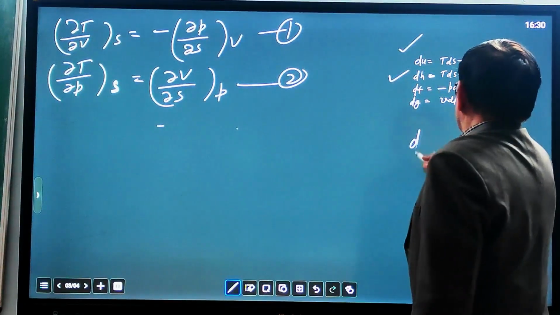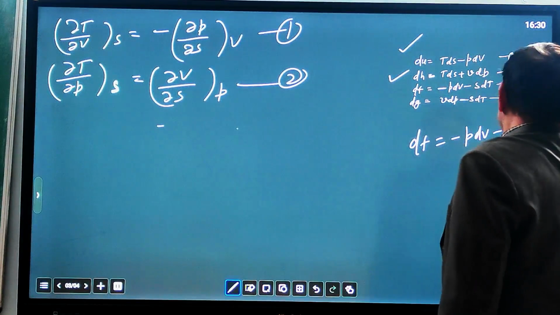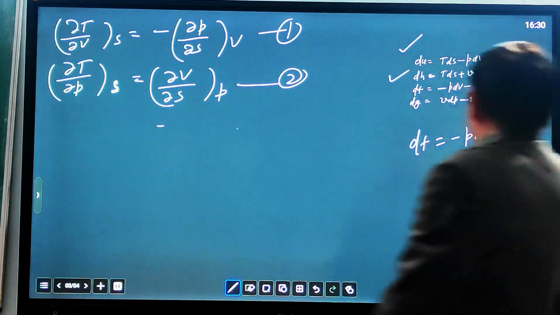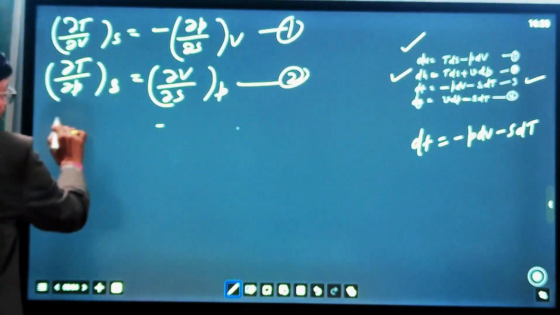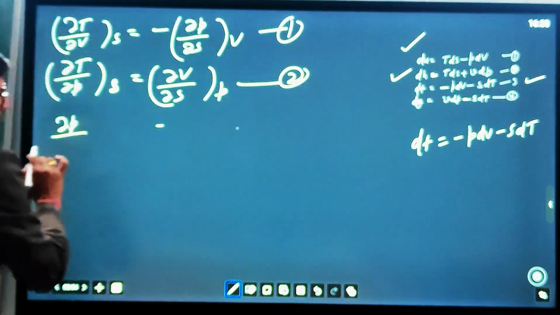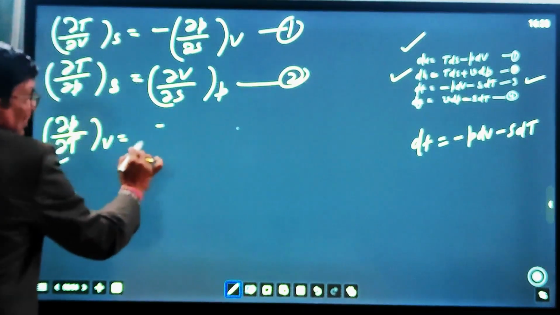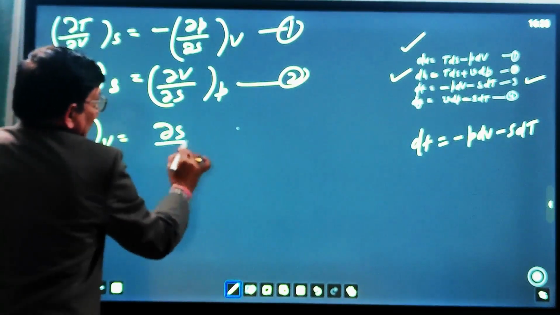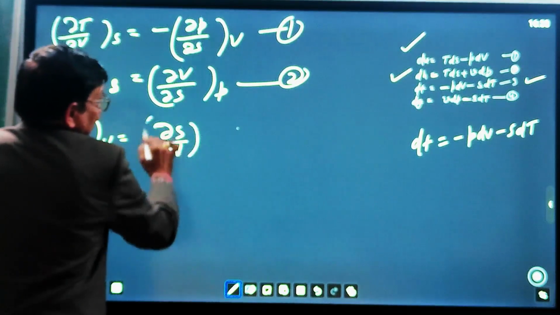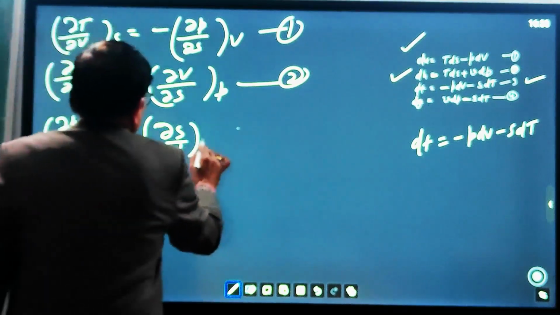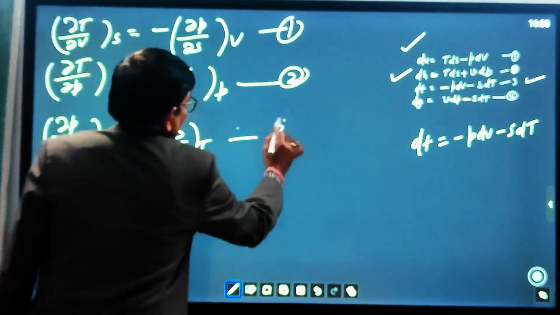Now taking the third equation, dF equal to minus PdV minus SdT. So there are two negative signs, so all terms will be positive. So taking del P over del T at constant V equal to del S over del V at constant T. Equation number three.